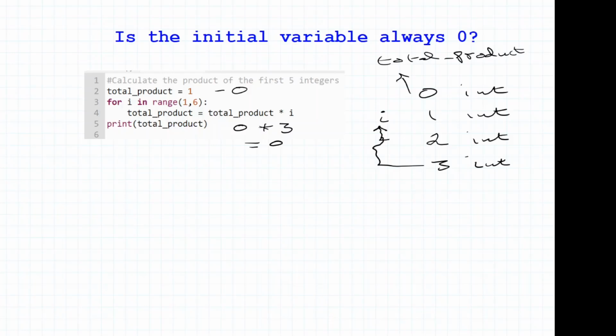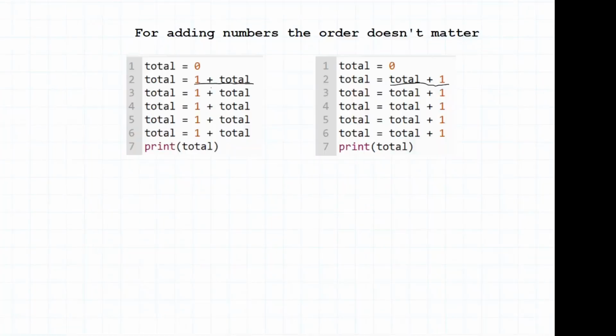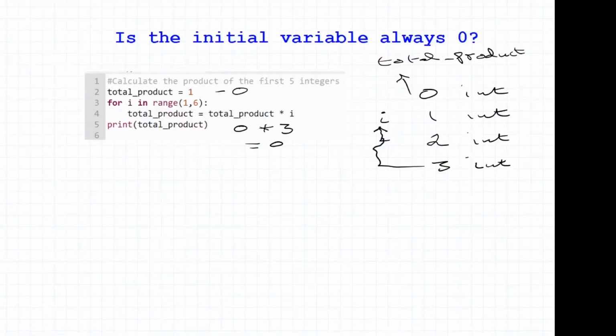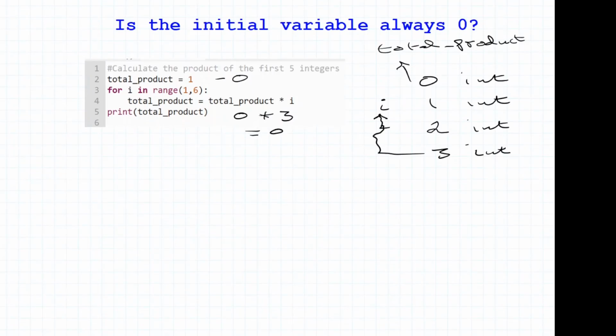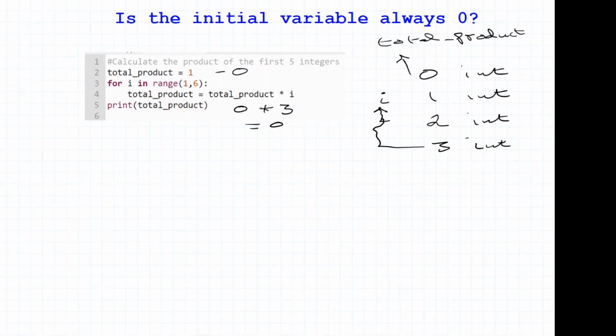So what I'm trying to say to you is, if you're adding values to an accumulator with a plus sign, like we did back here, you set the initial variable to 0. If you want to multiply, so if you're calculating a product or a factorial, then what you need to do is set the initial variable to 1. Because if you set it to 0, you'll never get higher than 0 when you're multiplying.